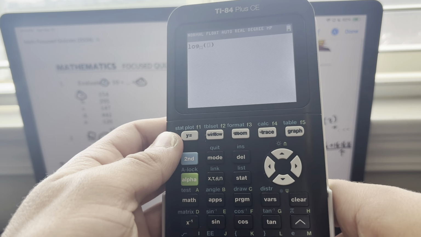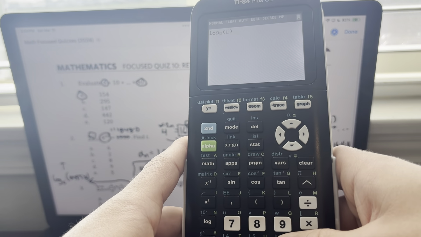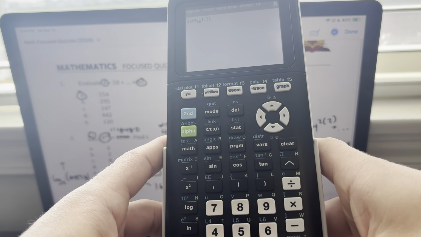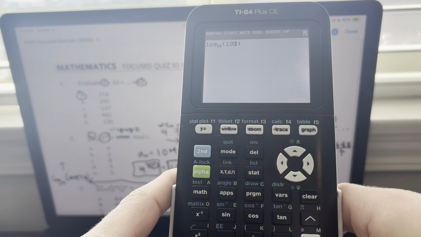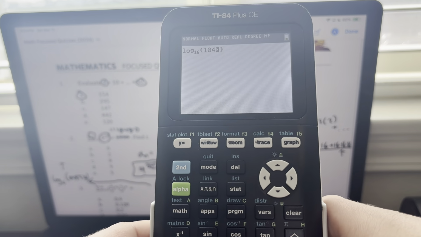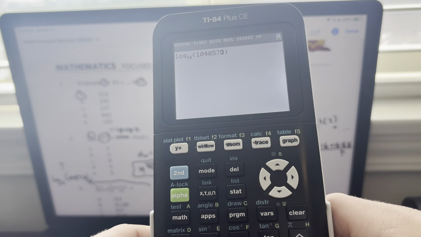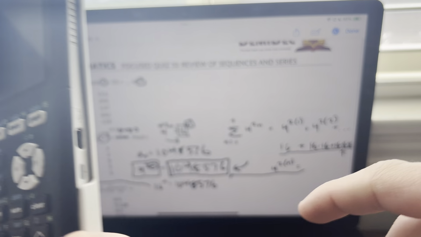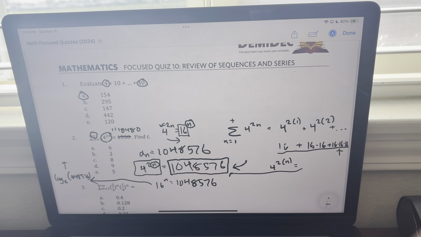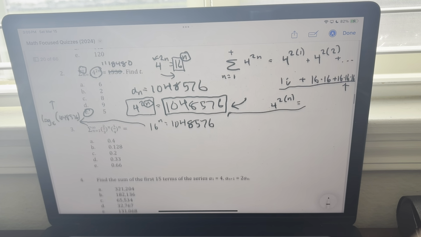Log base. So you have log base and then 16 of this number, this really long number, 104.8576, and you get 5. So our answer here is going to be 5.